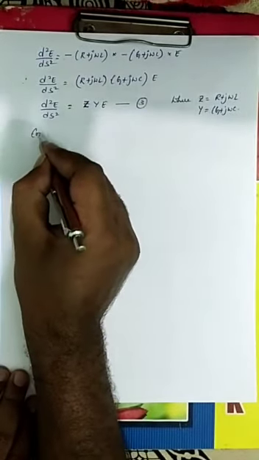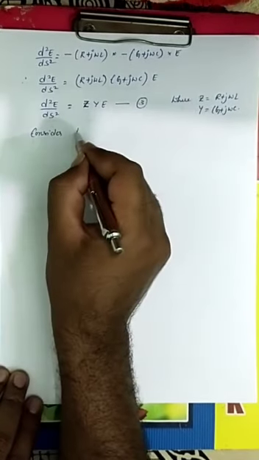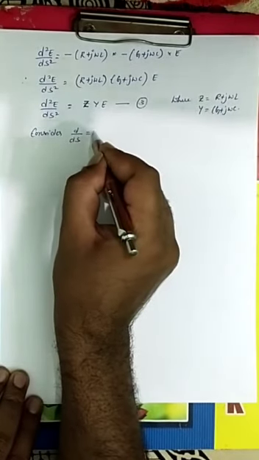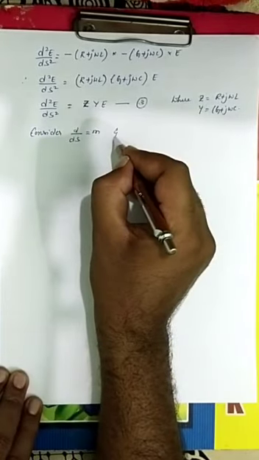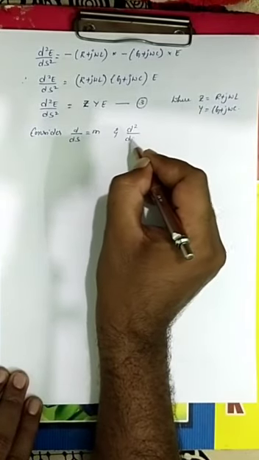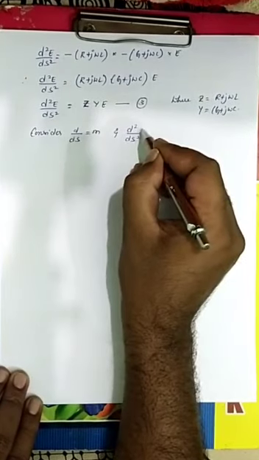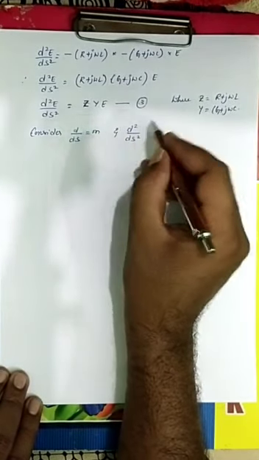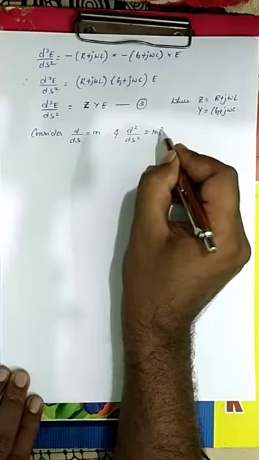Let us consider d by ds is equal to m, and d square by ds square is equal to m square.